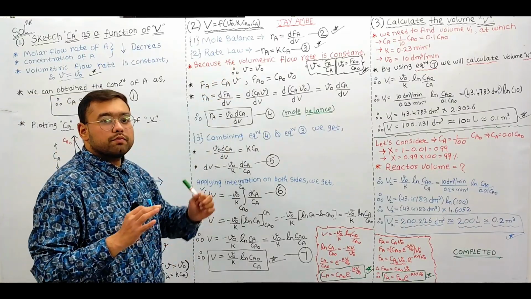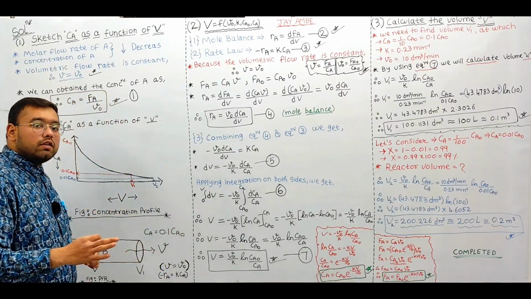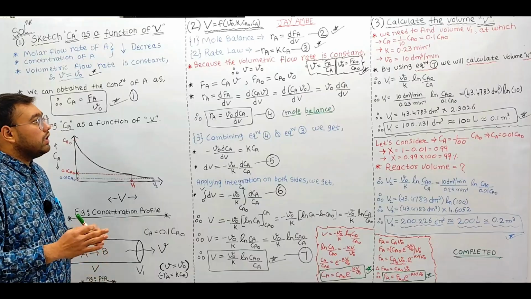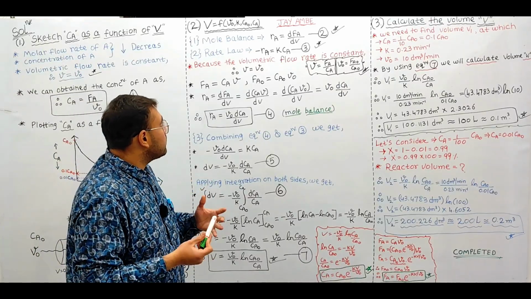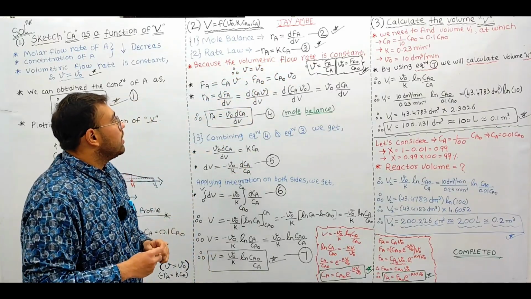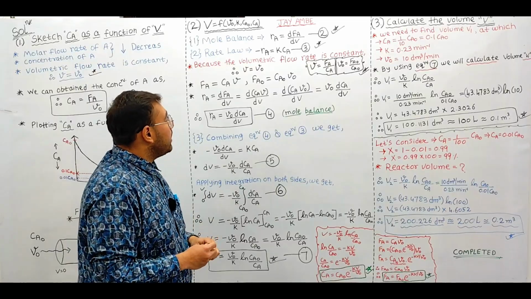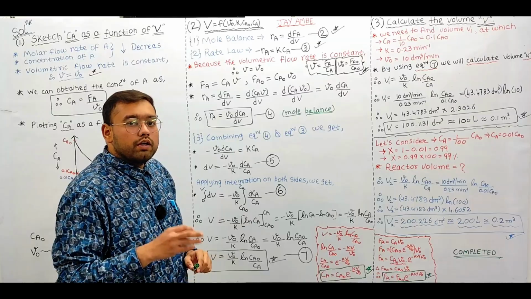The rate law, as per the information given in the question, we are carrying out a first order, liquid phase, irreversible reaction, right? The first order reaction has the rate law of minus Ra is equal to k Ca, which means the rate of the reaction is directly proportional to the concentration of reactants.